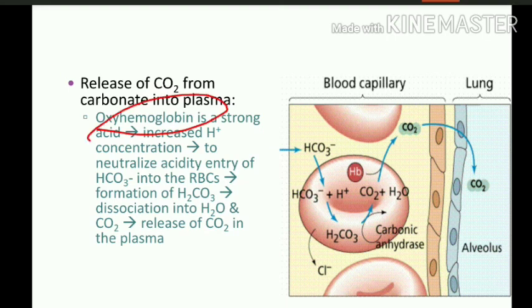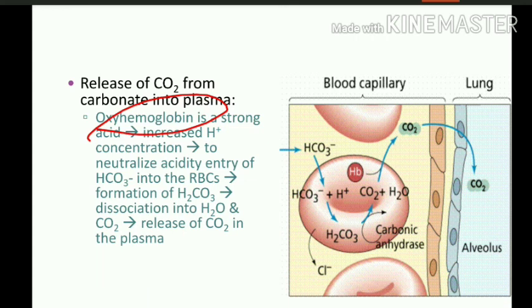This oxyhemoglobin is a strong acid, and according to Haldane's effect, when oxygen binds with the hemoglobin in the lungs, it tends to release carbon dioxide. Because oxyhemoglobin has two effects. One, oxyhemoglobin has low affinity for carbon dioxide and therefore it releases carbon dioxide which diffuses into the plasma.